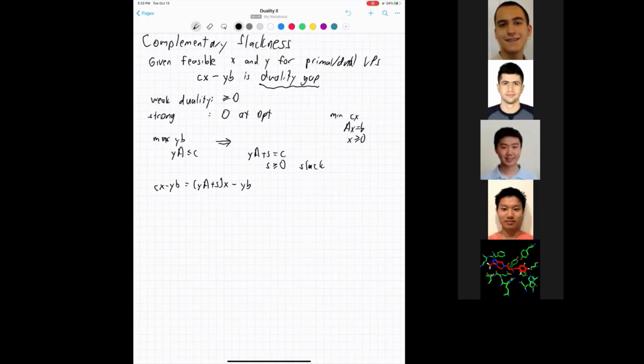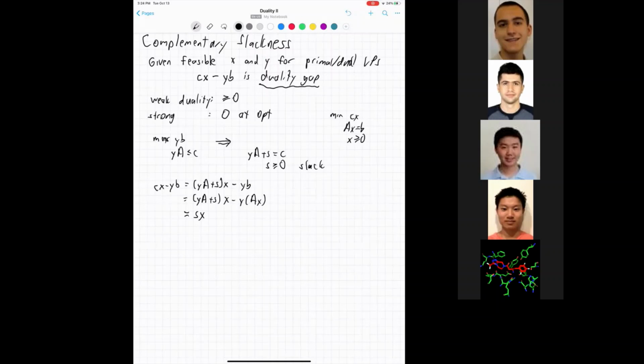So if I take my duality gap, since YA plus S is equal to C, I can substitute that in. But I also know that AX is equal to B. So I can write this as YA plus S times X minus Y times AX. But now you notice that I have YAX twice. They cancel. And so the duality gap is just equal to the dot product of the slack variables with the primal variables.